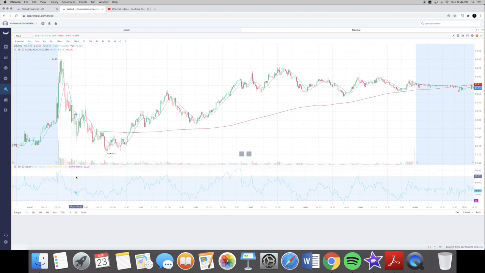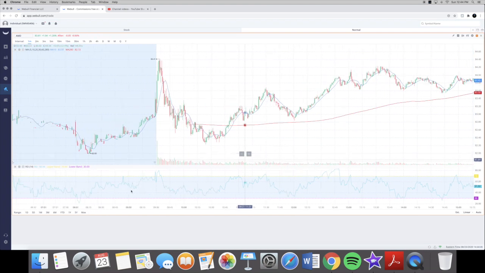So what this means: anytime you see this indicator under the 30 number, like right here, if we go back, we're gonna see it right here, that means the stock is oversold. That means it's at a really cheap price at that moment.